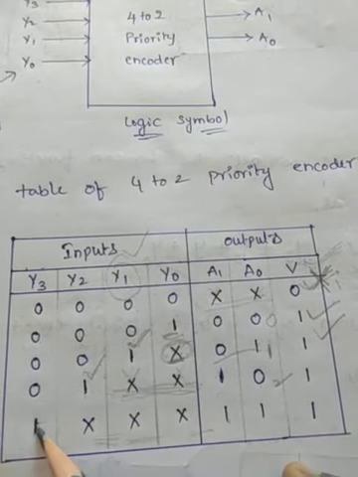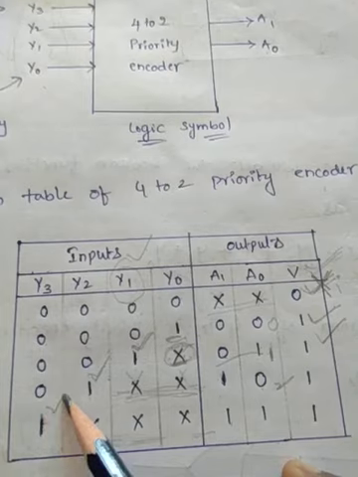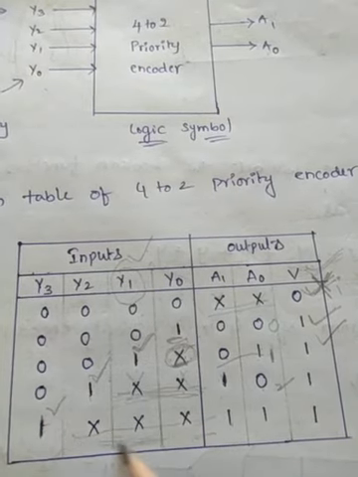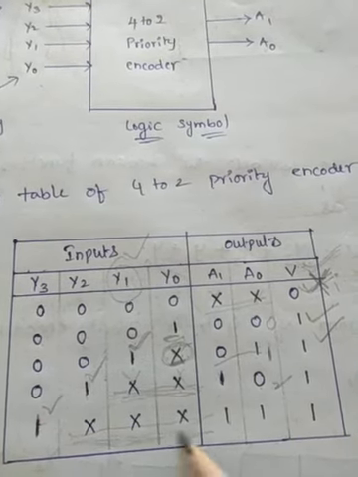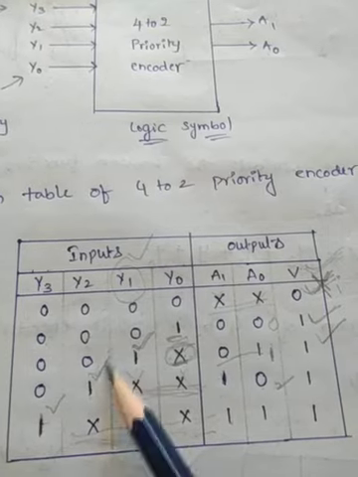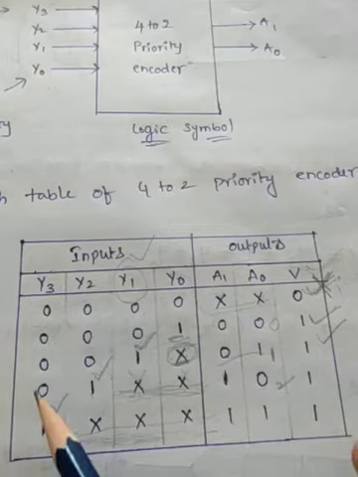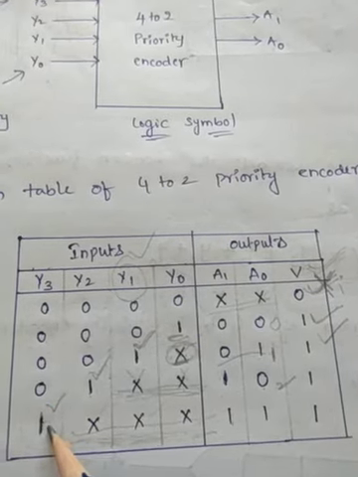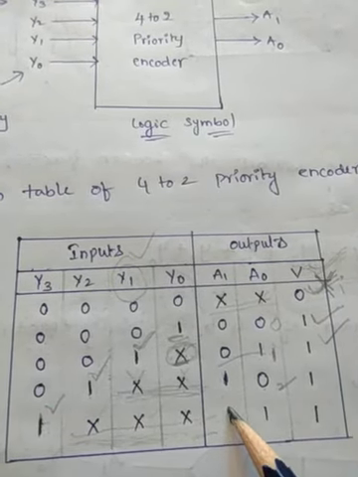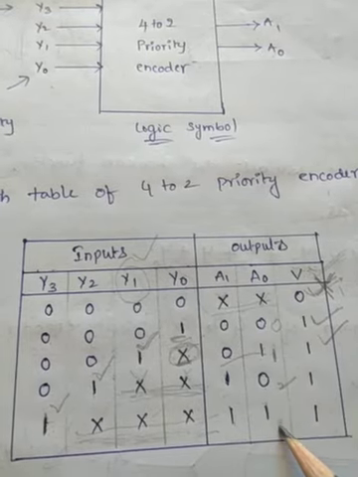And here y3 is high and there is no need to consider the remaining inputs, and these are negligible if y3 is high, because y3 has the highest priority and the corresponding output is 1 1, that is 3.